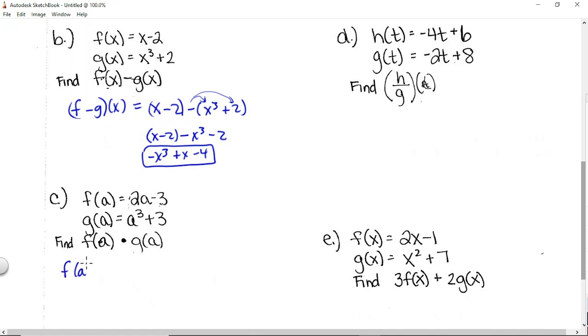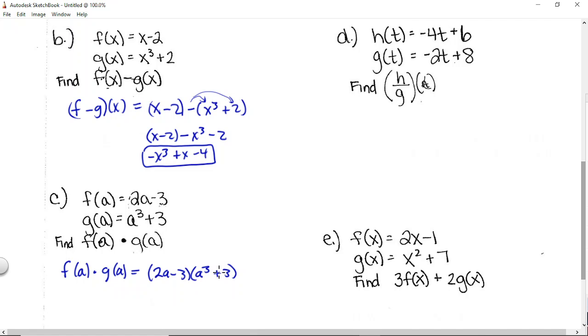F of a times g of a equals, and as you might expect, we simply multiply those functions, right? So f of a is 2a minus 3. That is, we're multiplying the function definitions.